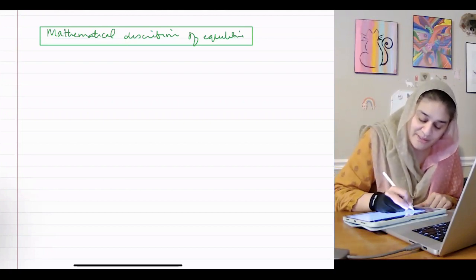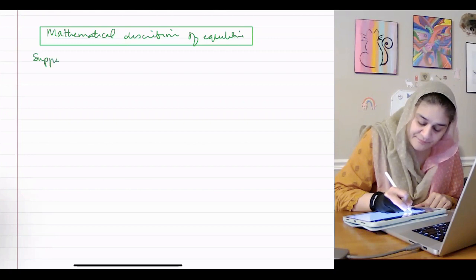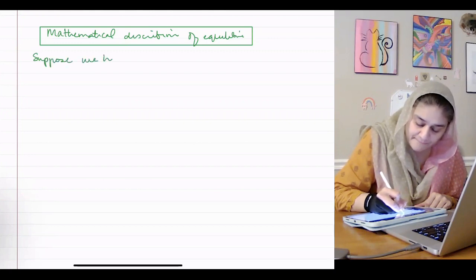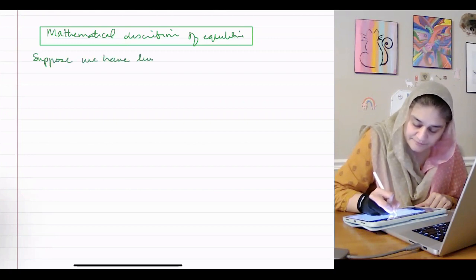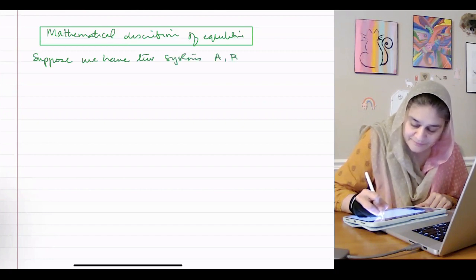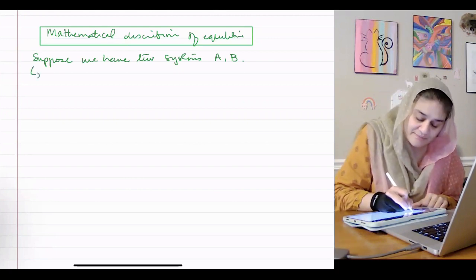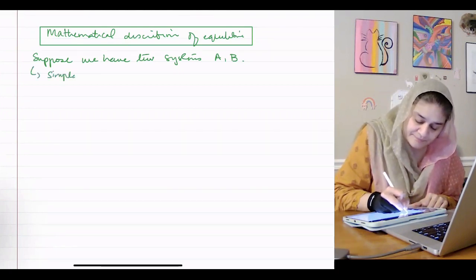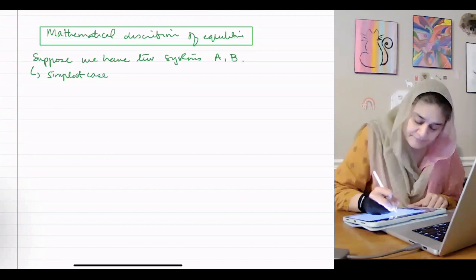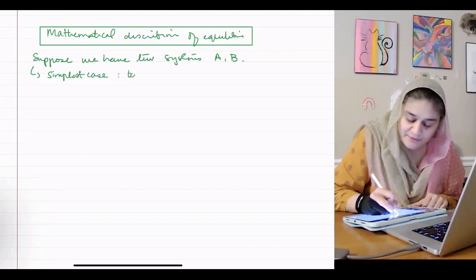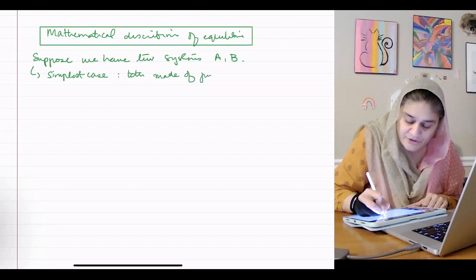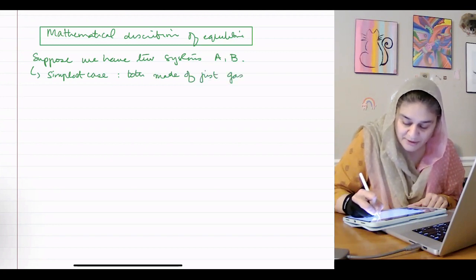So suppose we have two systems, A and B. And for the simplest case, let's consider both are made of just gas molecules.